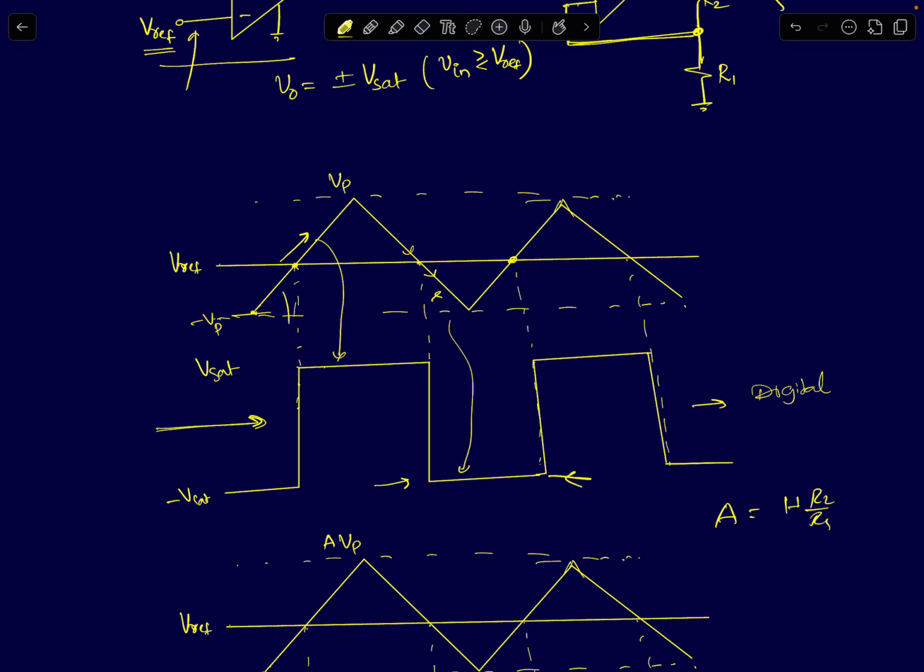So a comparator produces a binary output. The frequency of this signal is the same as the input frequency, but the output has only two levels. So you can see it like a triangular wave to square wave converter. I've fed a triangular wave as an input to the comparator, and out came a square wave with two levels, oscillating between minus Vsat and plus Vsat.